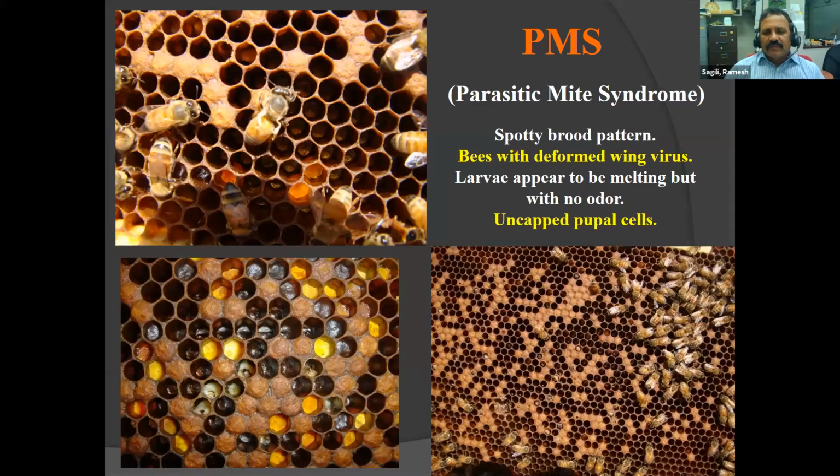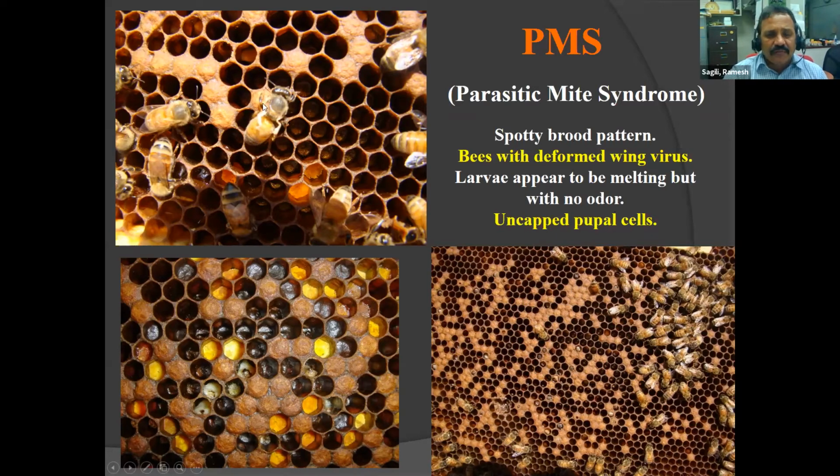I'll not go into detail on the symptoms and the damage done by mites, but just to give an overview for those beekeepers who are new to beekeeping: PMS, parasitic mite syndrome, probably most of you have heard. It's not just one symptom. There are several symptoms that you have to look at. There is the spotty brood pattern, where you see missing cells with no brood inside.